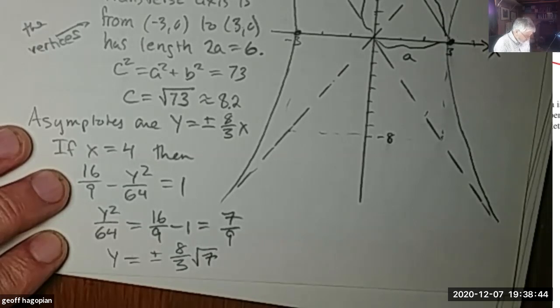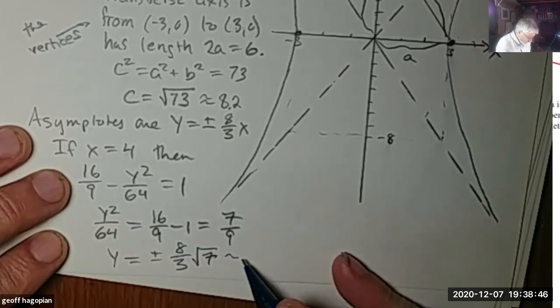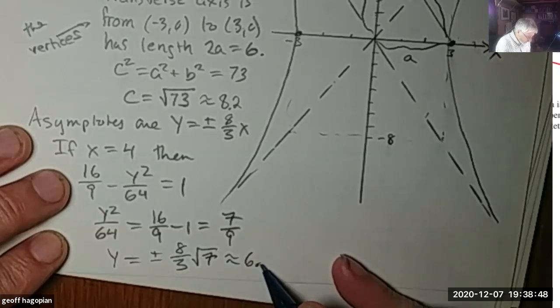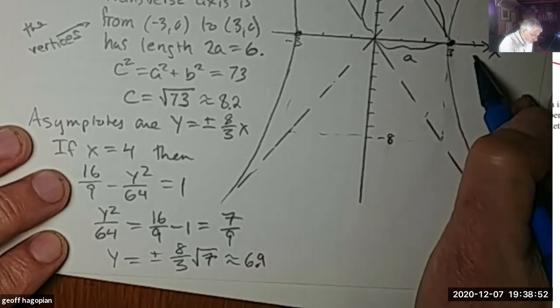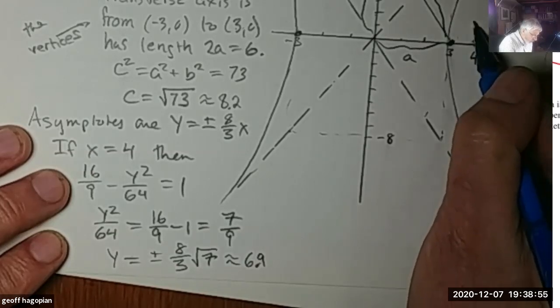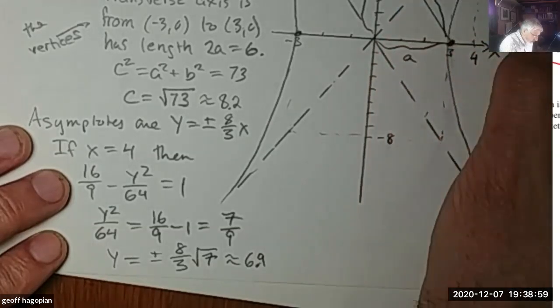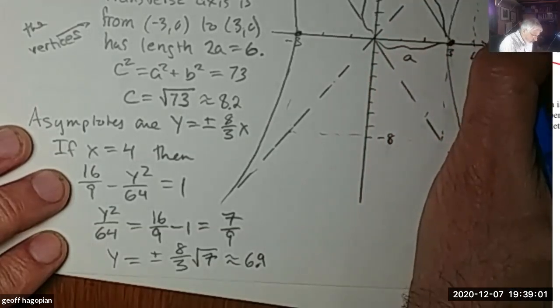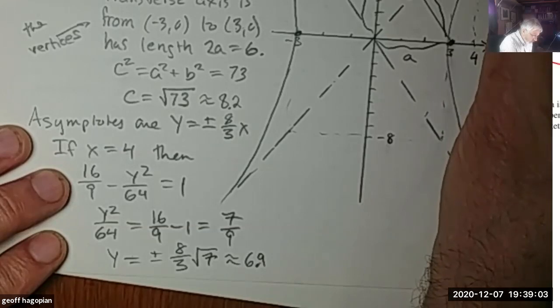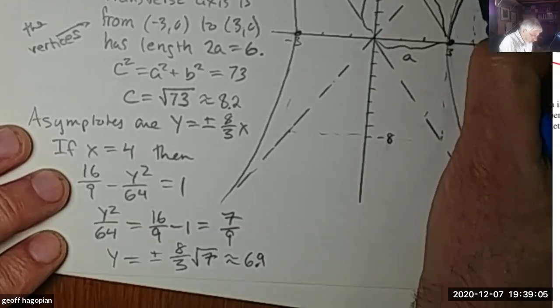Yeah, 20/3. So that's about 6.9. Does that seem reasonable? So if we're here at 4 and we follow that up to the curve, we should be at about 7. Yeah. So yeah, you know, it's just because I didn't draw the curve carefully enough.